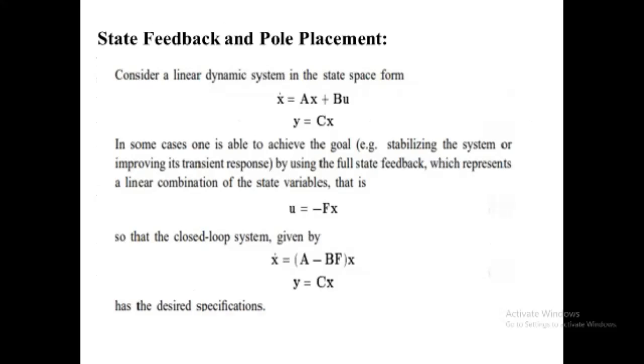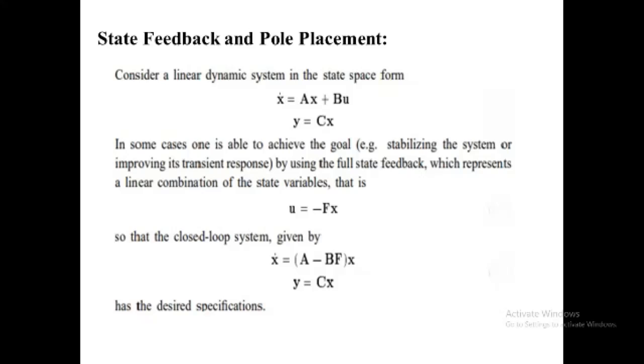Basically, in some cases, one is able to achieve the goal, for example stabilizing the system, which improves its transient response, by using full state feedback, which represents a linear combination of the state variables, that is u equals minus Fx, so that the closed loop system given by x dot equals (A minus BF)x, as shown on the screen, with y equals Cx, has the desired specification.